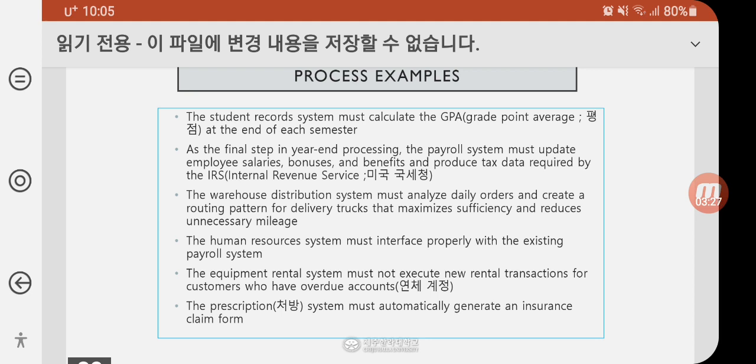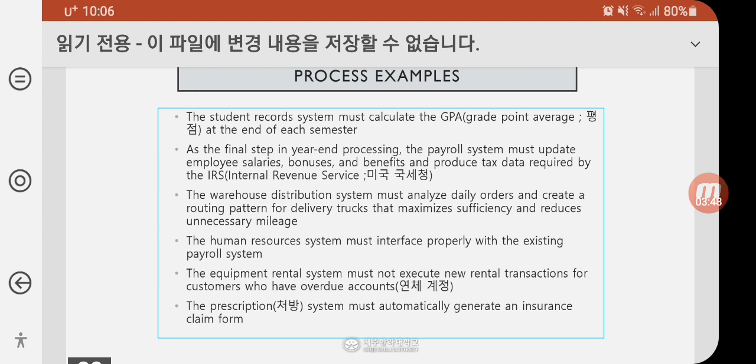The warehouse distribution system must analyze daily orders and create routing patterns for delivery trucks that maximize efficiency and reduce unnecessary mileage.